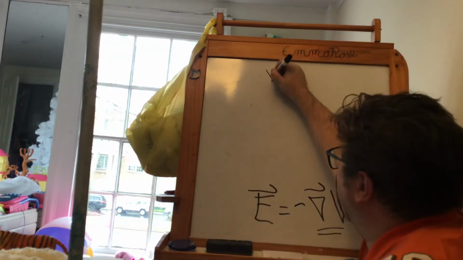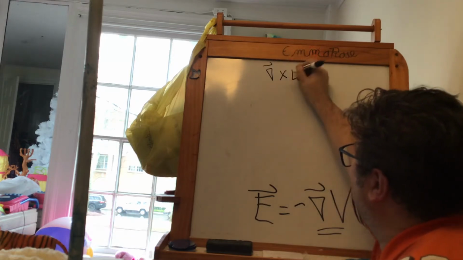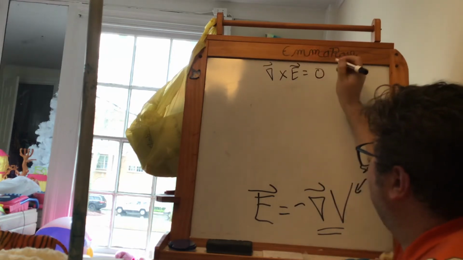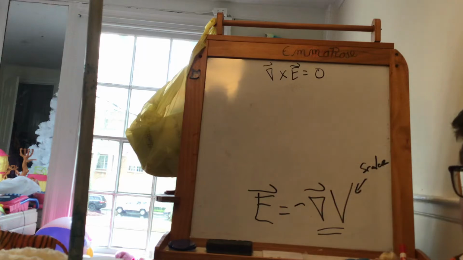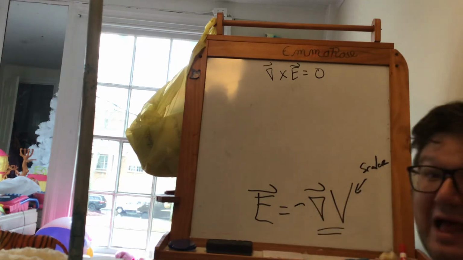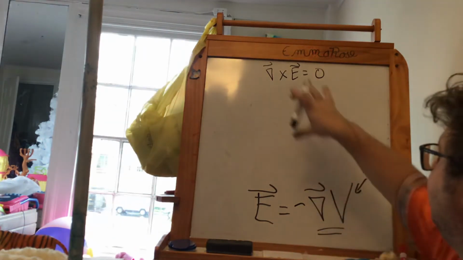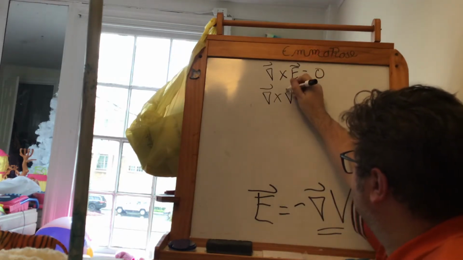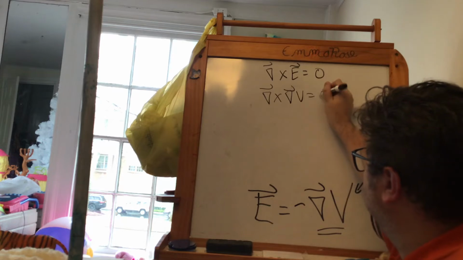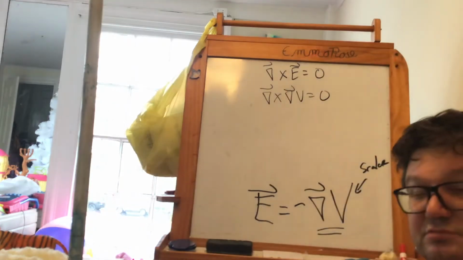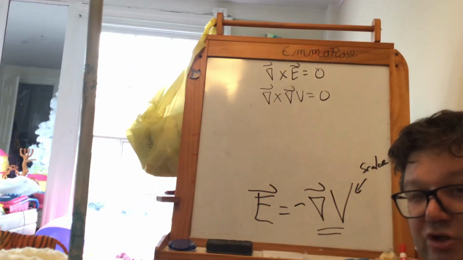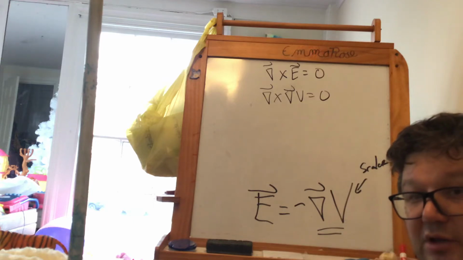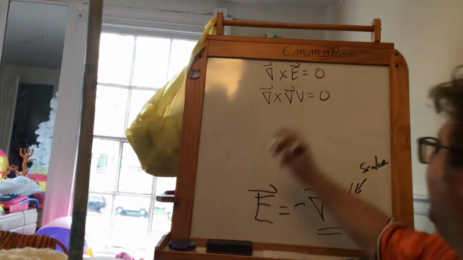I know that the curl of E has to equal 0. So let's prove it. Make sure that this formalism will actually give me 0. So I take this and I plug it in, and I get the curl of del acting on the potential has to equal 0. So how would I prove that?